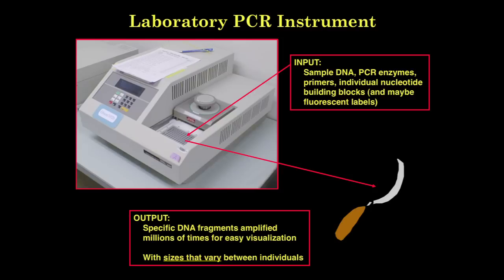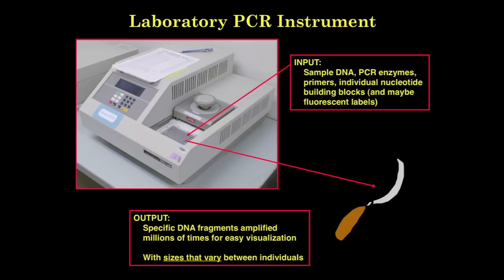An instrument like this would fit on a desktop, and the input is DNA, your sample, the PCR enzymes, the primers, the individual nucleotides, and perhaps the fluorescent label. The block that's shown there is a heating block which will go through those thermocycles accurately and timely. And as you can see with the computer keyboard shown in the left there, this can be programmed.